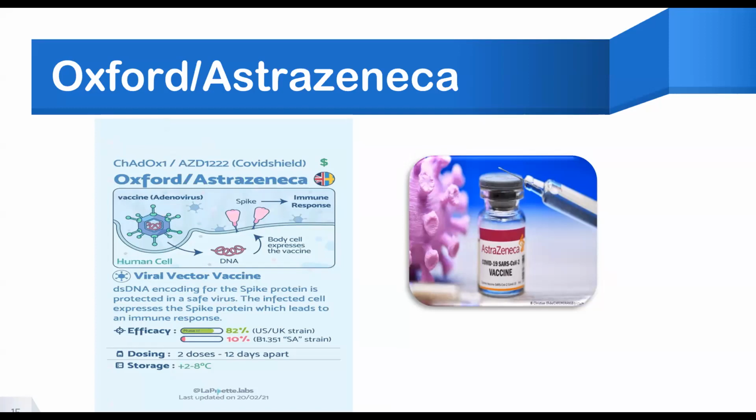So, 82% against the UK and US strain, and then 10% against the B1.351 South Africa strain, that is its efficacy. They're using this viral vector, and it is recommended for 18 years old and above, healthcare workers first, and after the healthcare workers, the older people and also those with comorbidities. The dose is 0.5 ml.